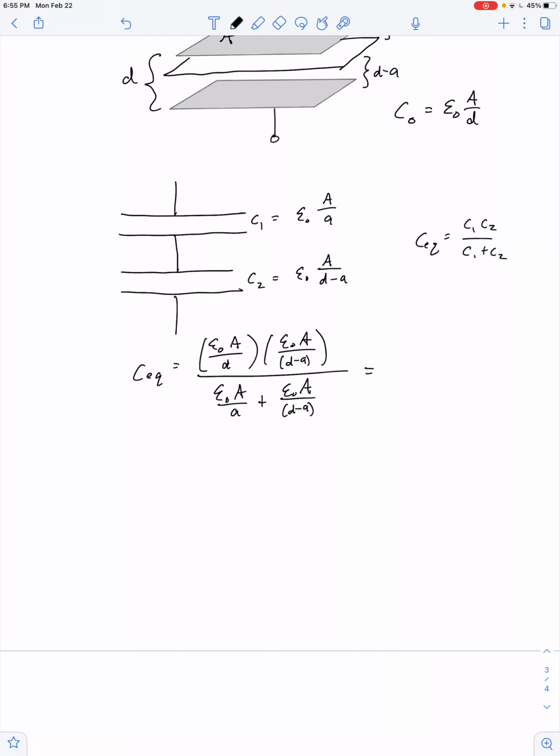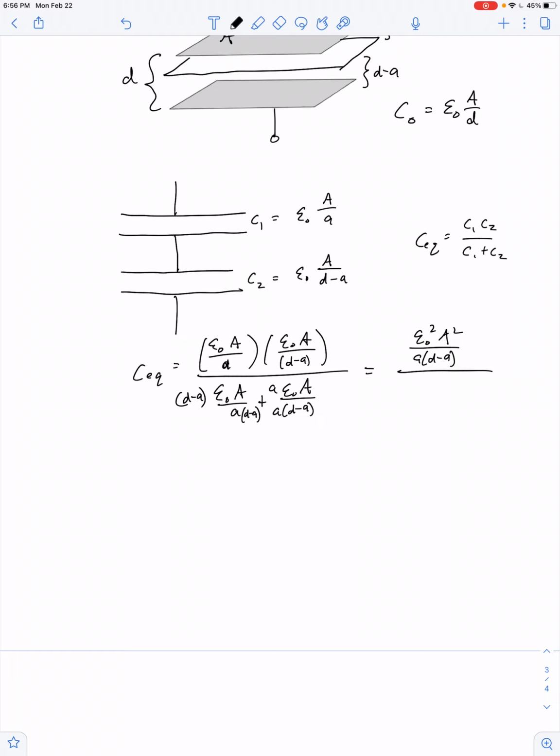So the numerator gives us epsilon naught squared A squared over a times the quantity d minus a. And the denominator, well, let's see, we're just making a common denominator in the denominator, right?